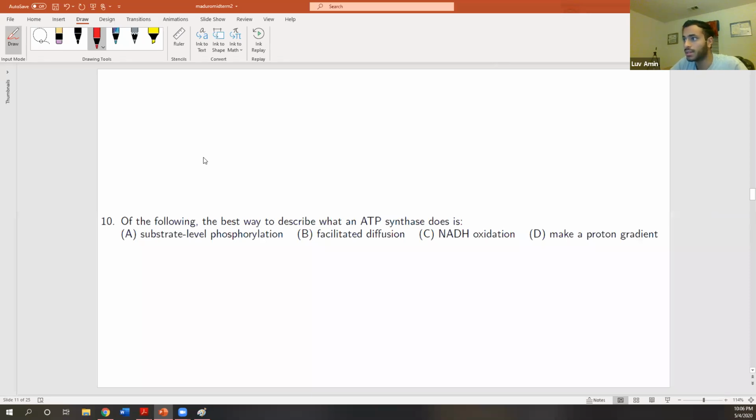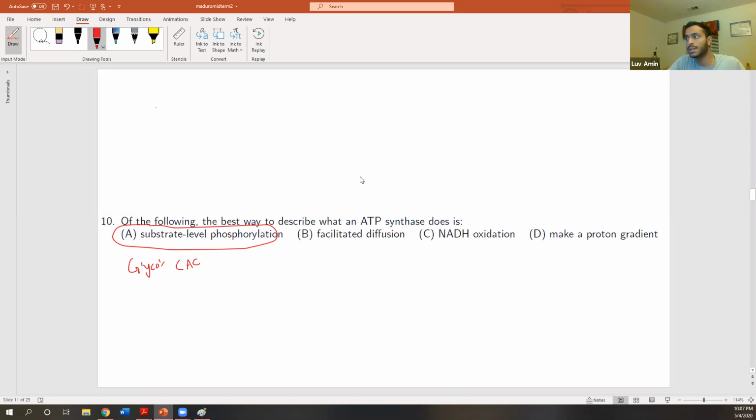All right, so number 10 is asking, of the following, the best way to describe what an ATP synthase does. Let's talk about substrate level phosphorylation first. What is substrate level phosphorylation? That's using an enzyme and a substrate to make ATP, right? We have seen that in glycolysis, and we see it in the citric acid cycle as well.